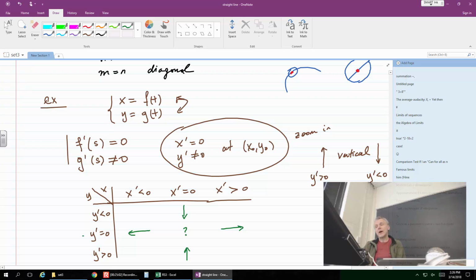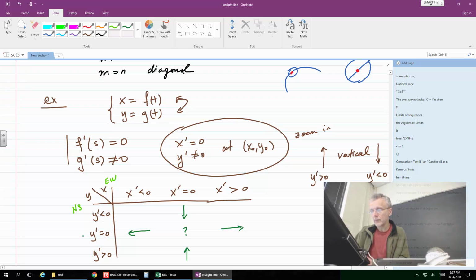So now I have 4 cells left. So x decreasing, y decreasing. Which way are we going? Well, you don't have to think vertically, horizontally. I suppose the better idea is to think north, south, east, west. So x is about east, west, and y is about south, north.